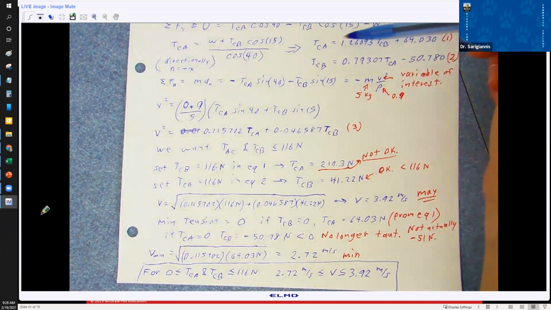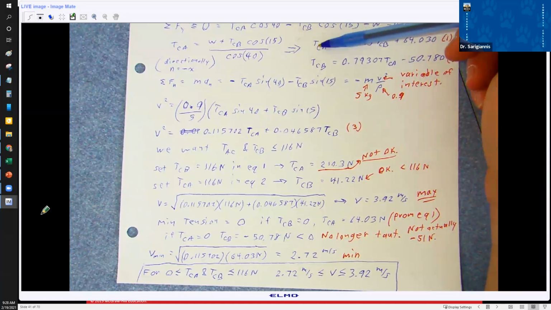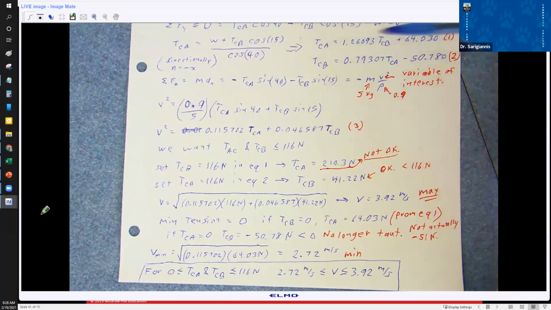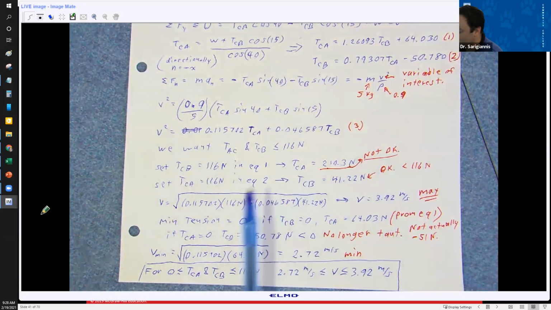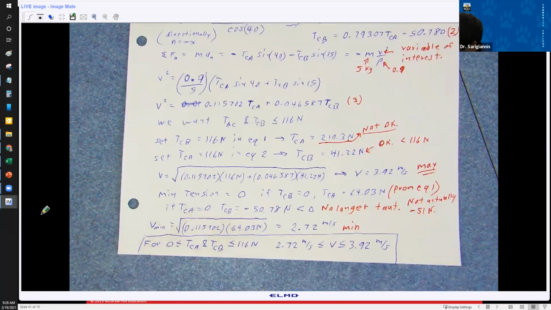But what this does is it allows you to see the tension of one with respect to the tension of the other. And we just went through and we said we want no more than 116 newtons and no less than 0 newtons. And we figured out what the limiting tensions were, and then from there we got the velocities or the speeds.